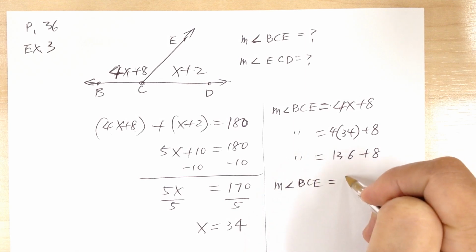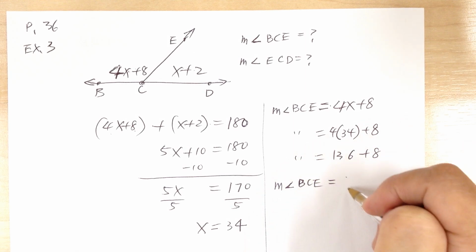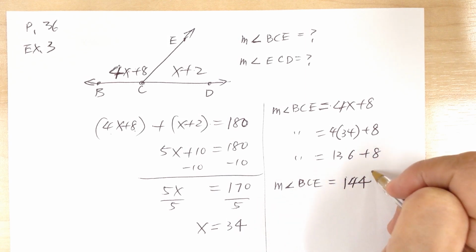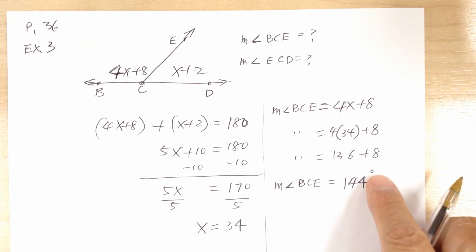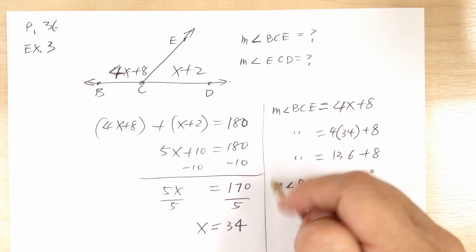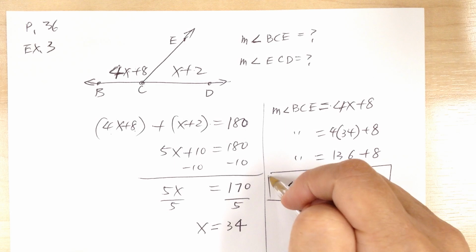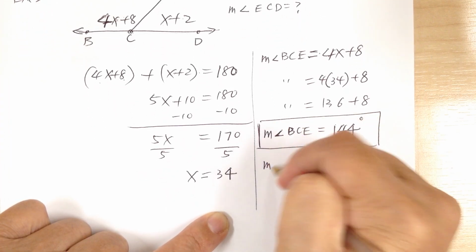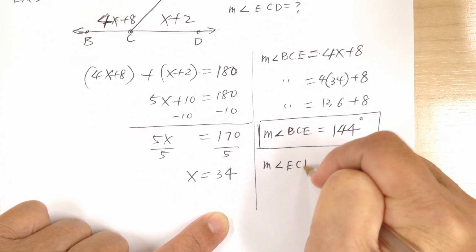Measure of angle BCE is 144, and don't forget, for your final answer, make sure you have the label, the degree.